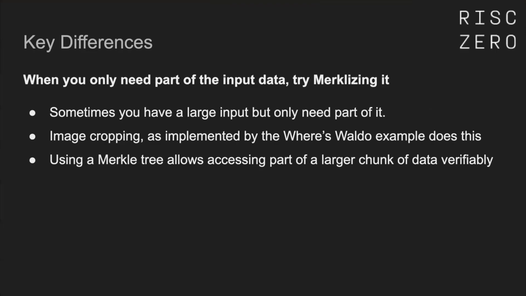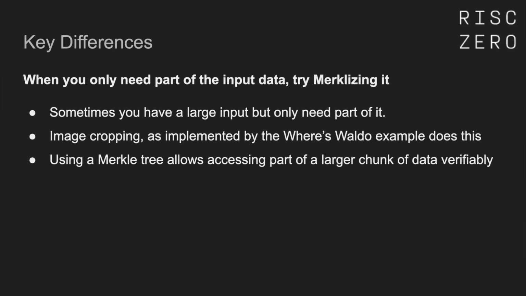Another technique you can use, when you have large input data and you only need part of it, is to use a Merkle tree to allow partial access to your data while still maintaining a hash of the root. In the Where's Waldo example that we have, we use Merkle trees to access a region of an image in order to do image cropping.